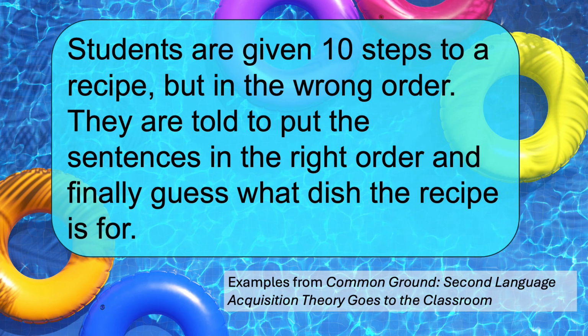Students are given 10 steps to a recipe, but in the wrong order. They are told to put the sentences in the correct order and finally guess what dish the recipe is for. Is this a good example of input for students?